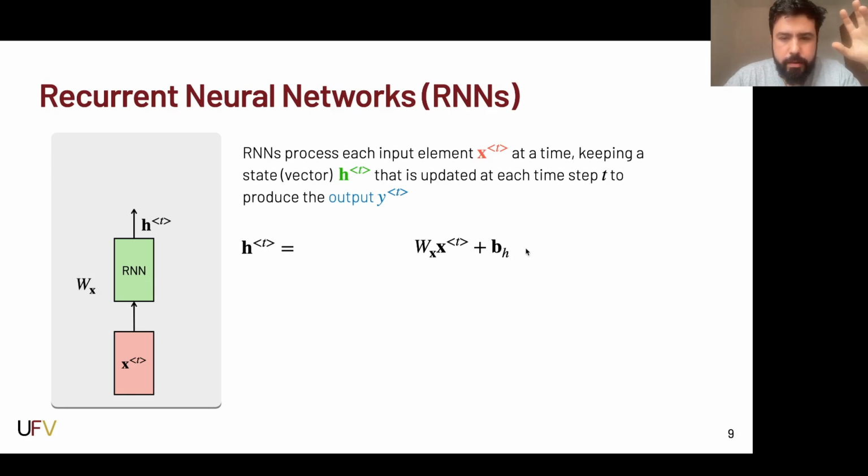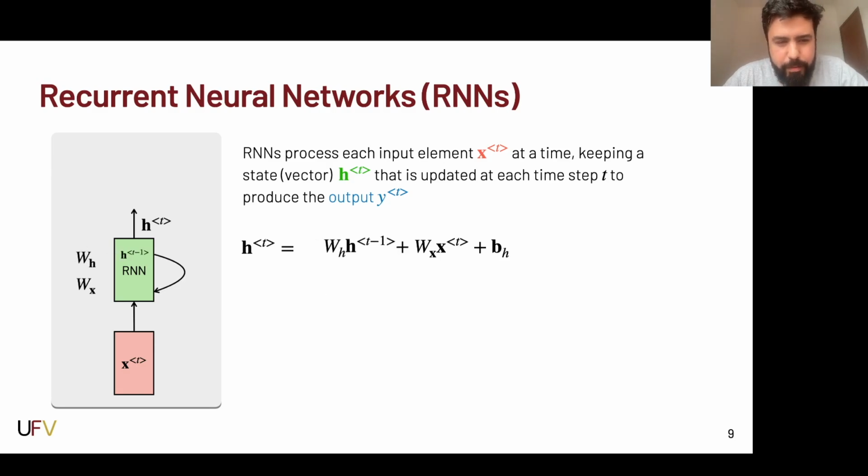The first step to produce this h_t vector is to do a linear combination of the inputs x_t with a weight matrix W_x. So this is very similar to what we've been doing so far. We're going to take this input here, multiply by this weight matrix W_x, and sum with a bias vector. You can think of this as a linear model on the input x.